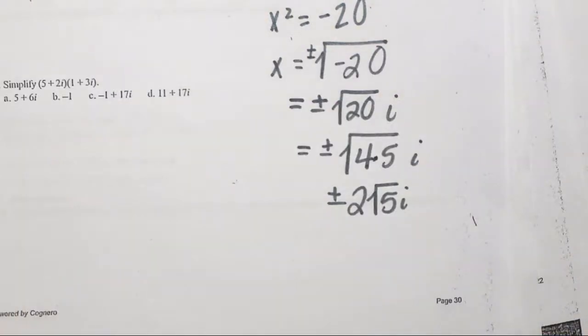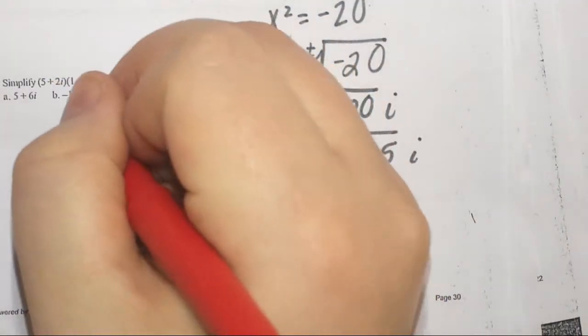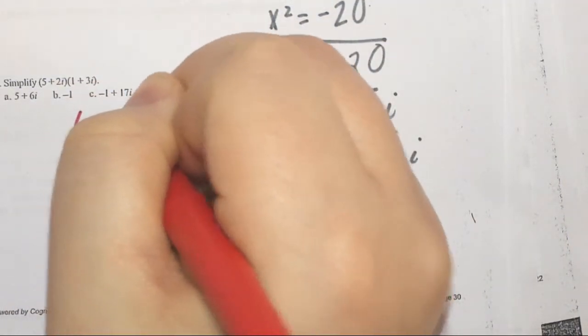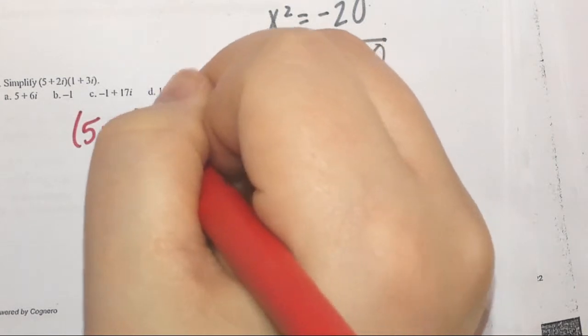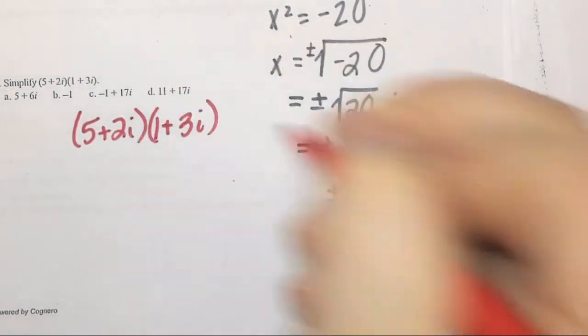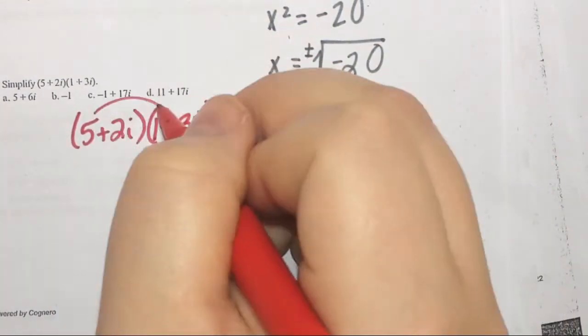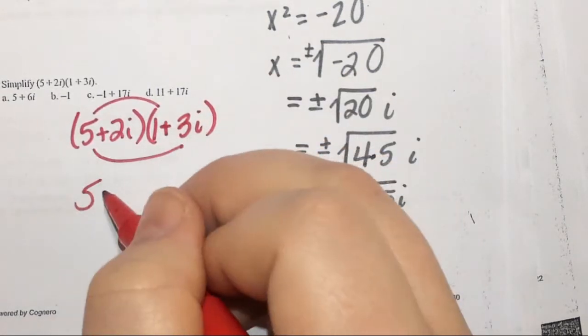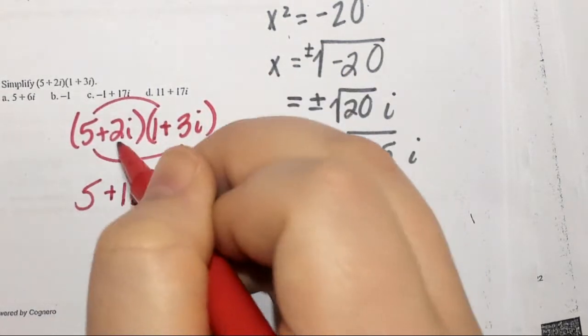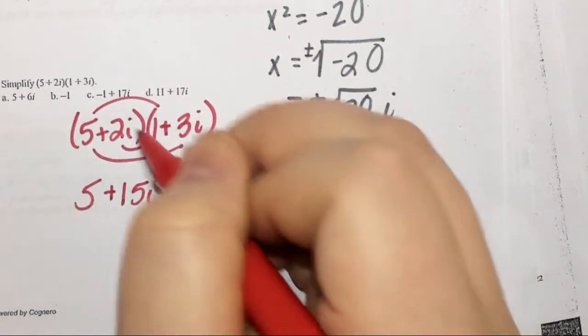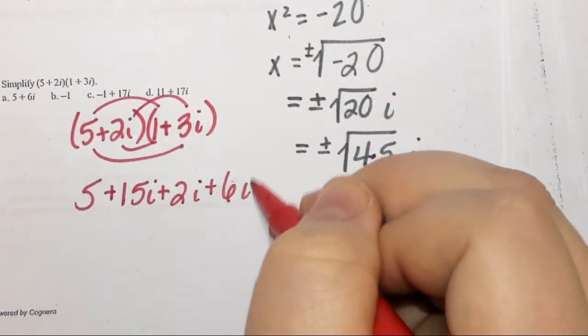Okay, what are we supposed to do on 77? We are supposed to FOIL to get a point. So it's (5 plus 2i)(1 plus 3i). And we're going to FOIL. So first, I get 5. Outer, I get plus 15i. Inner, plus 2i. Last, plus 6i squared.